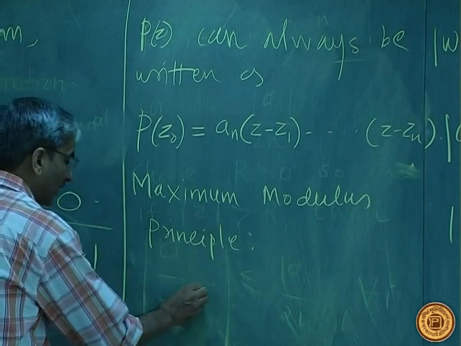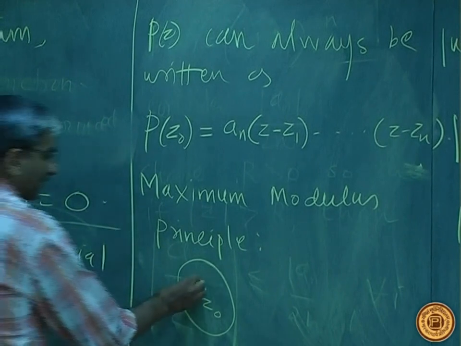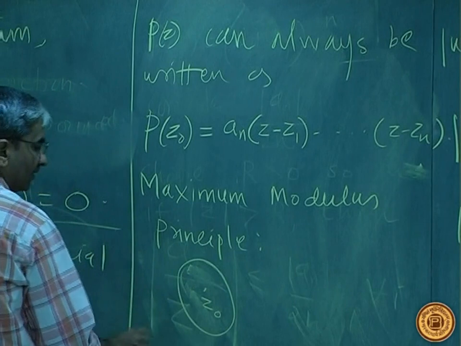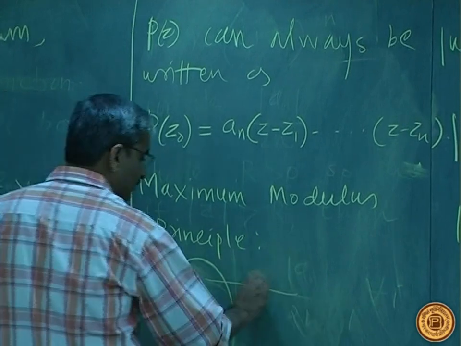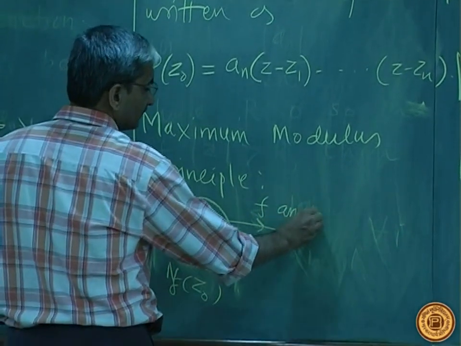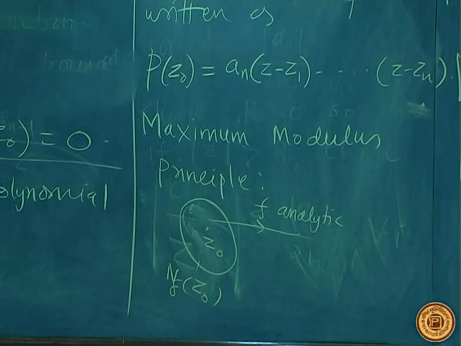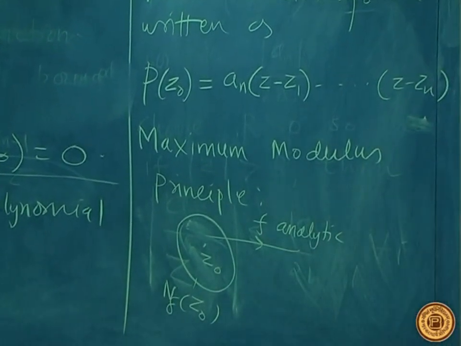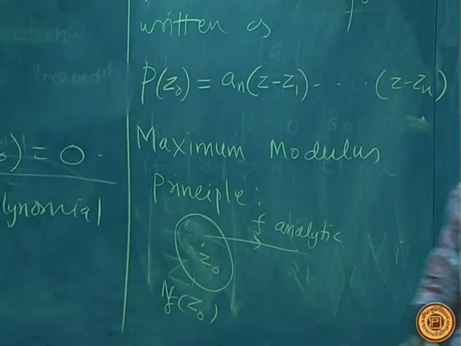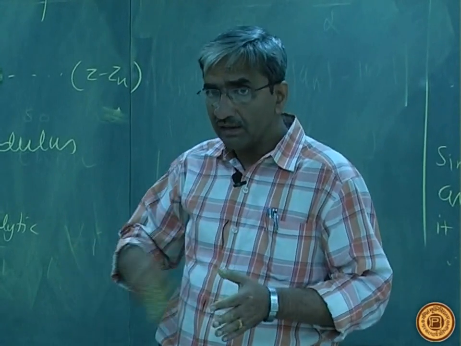But if you consider a point z0 and a neighborhood of this point, in which f is analytic, so this is a delta neighborhood of z0, and f is throughout analytic. Then the maximum modulus theorem states that the maximum of the absolute value of f will be attained on the boundary.